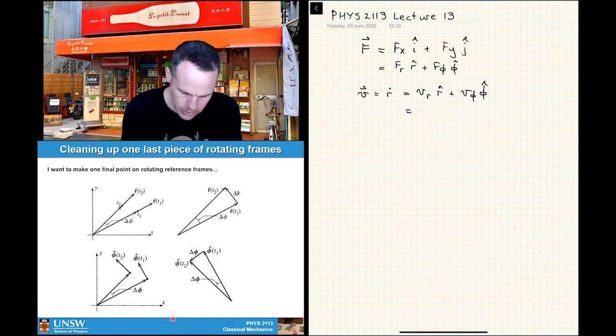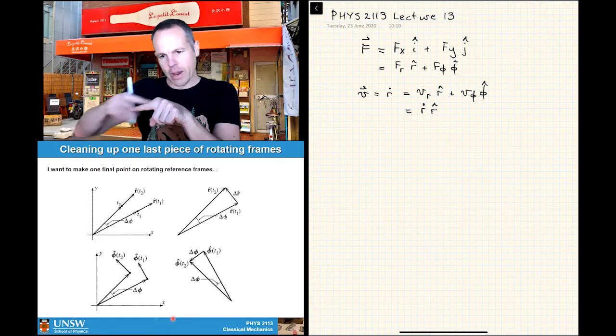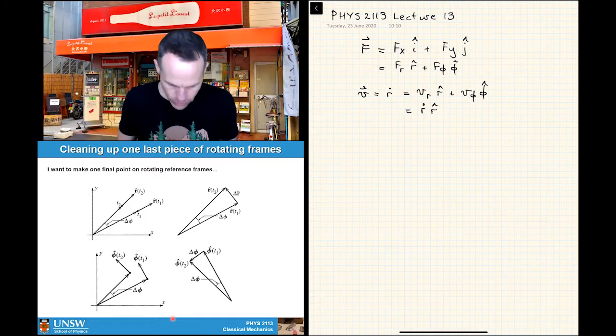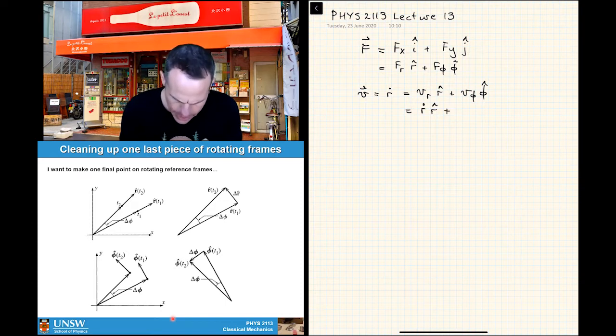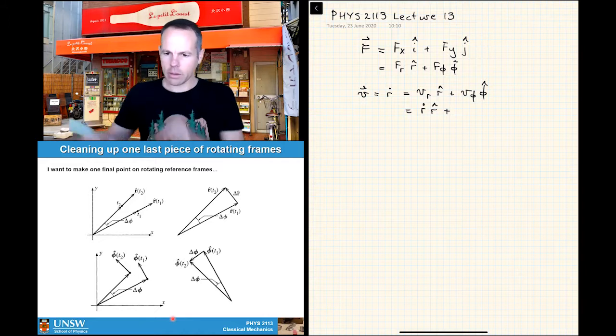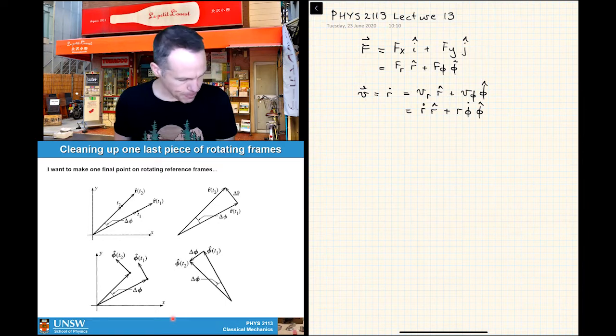Vr is just r dot r hat, so it's just a change in radial direction, so it would be a radial velocity, and V phi here is basically r omega that you would know from first year, and we can write that as r phi dot phi hat, okay?